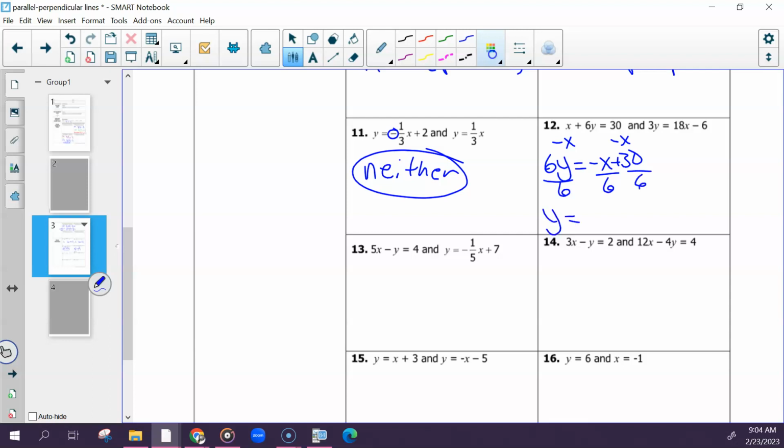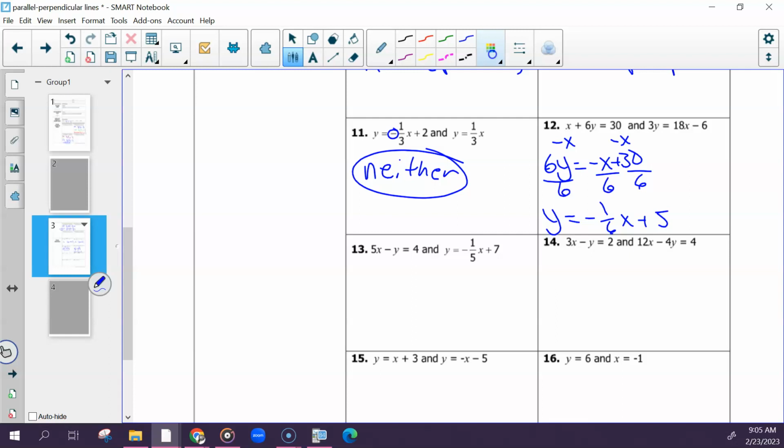So what is that new equation? Not 6x, we're dividing. It is plus 5 though. What would this fraction become? Negative 1 over 6x plus 5.